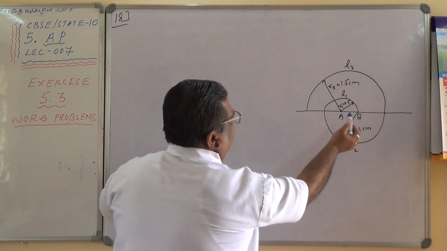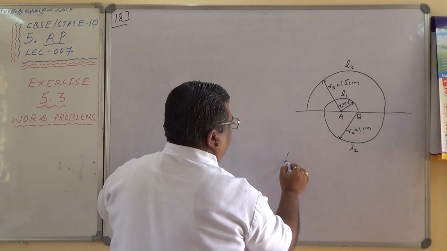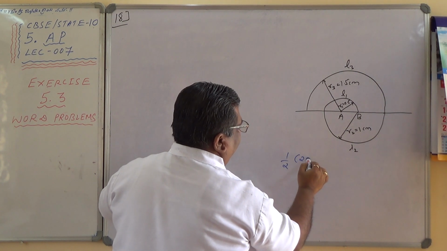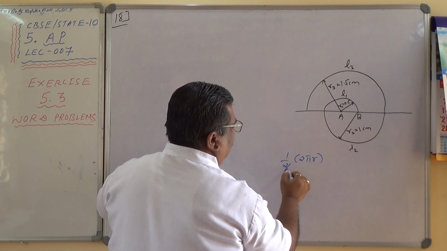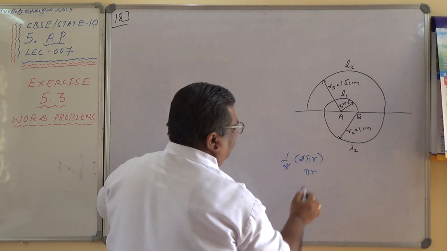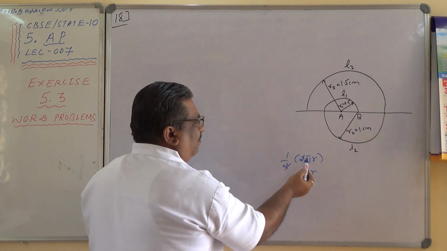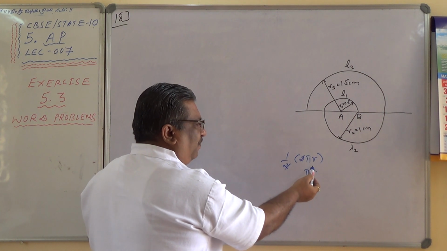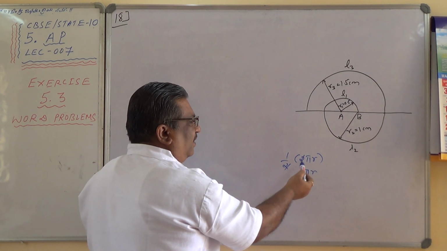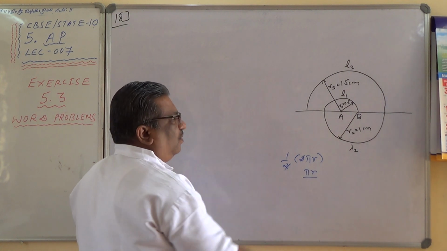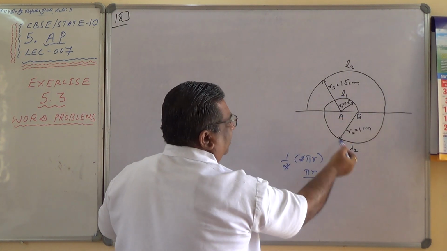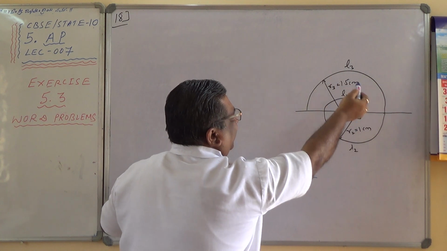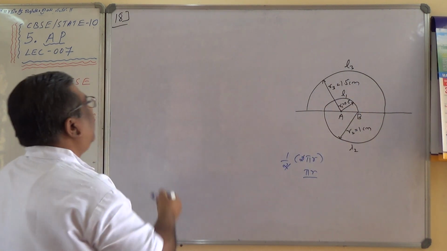See here, the semicircular length is half times the circumference, 2 pi r. 2 cancels and we get pi r. So I hope you are understanding. The length of the complete circle is 2 pi r. The length of the semicircle is half into 2 pi r, which is pi r. So L1 equals pi r1, L2 equals pi r2, L3 equals pi r3. It continues.